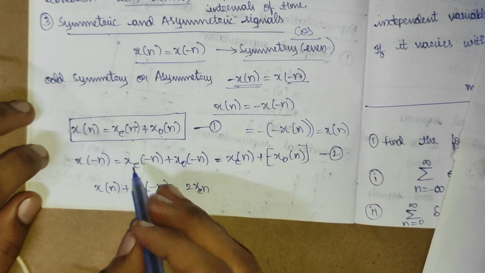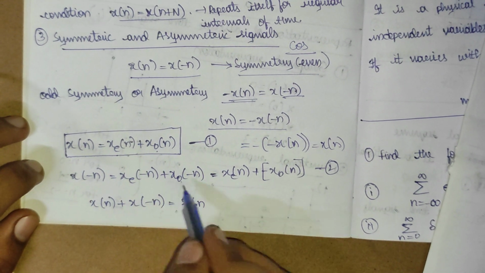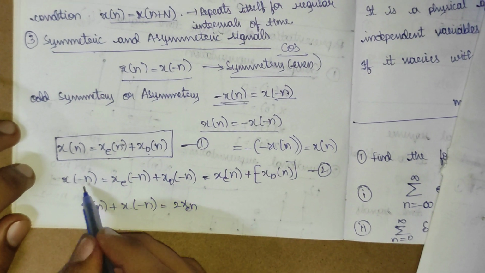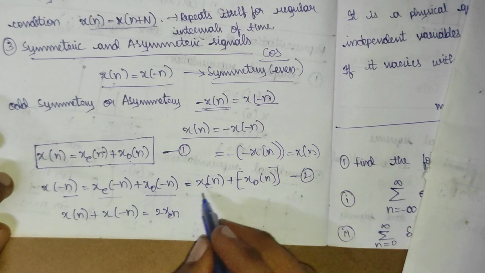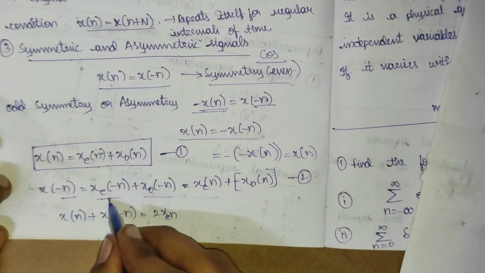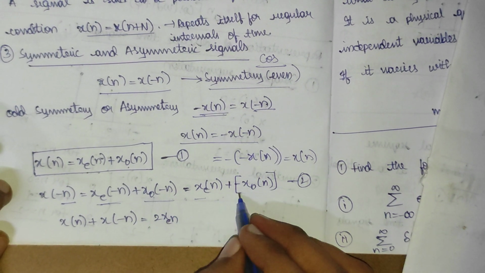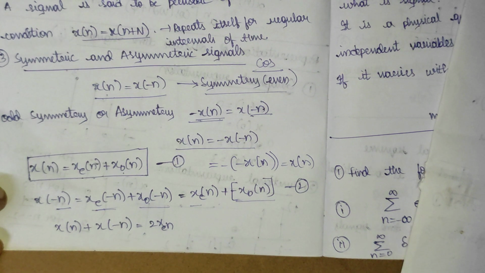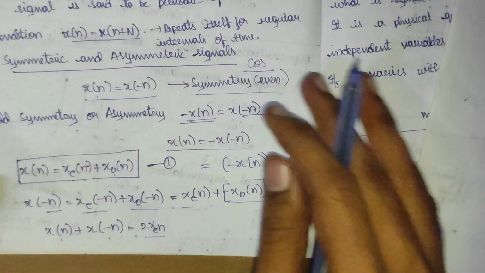So by following these, let's solve this using a sequence of steps. By substituting n equals minus n, we get xe of minus n plus xo of minus n. As xe of minus n is an even signal, we get xe of n, and xo of minus n gives minus of xo of n, so that we get x of n plus x of minus n equals 2 xe of n.